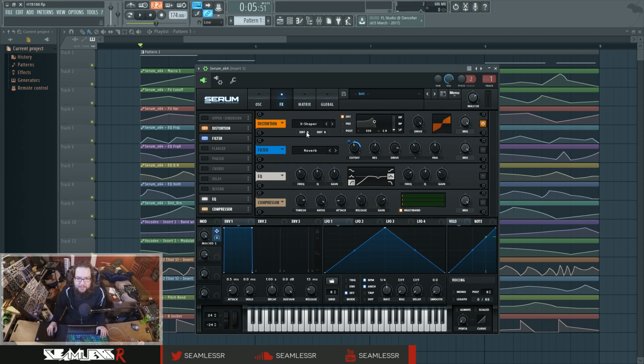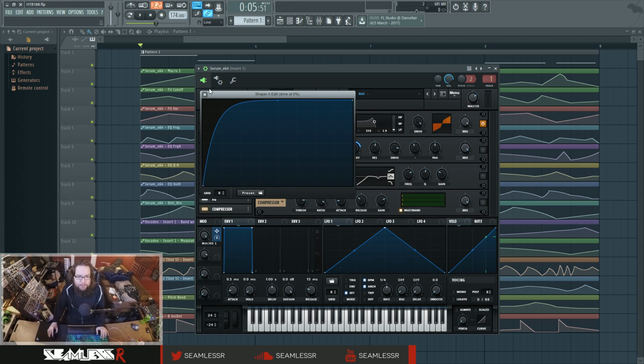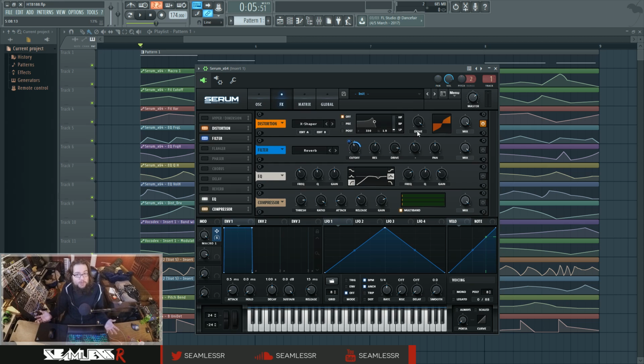The cool thing about it, though, is that there's this edit A and edit B. What that means in this instance is that the drive knob actually represents edit A over here and edit B over here. It does not mean 0 to 100. It means A to B, which means you can have some completely random 100% super distortion here and some other completely random super distortion here and fade between them. In this case, I have pretty regular big old saturation and then some sharpness going on, whatever. I really didn't pay too close attention to what was going on, just that I wanted it to be different. And then I'm automating it.